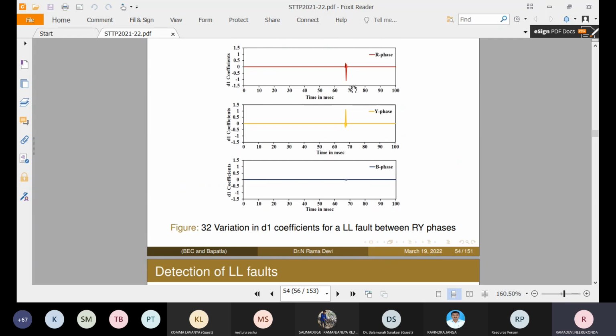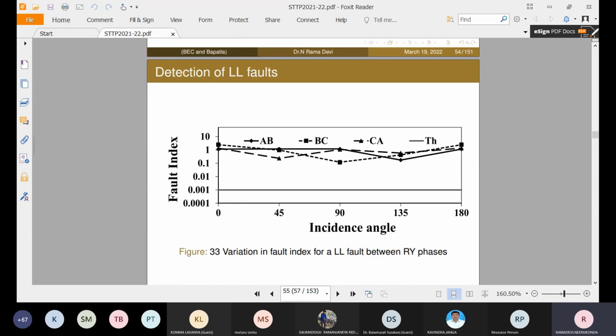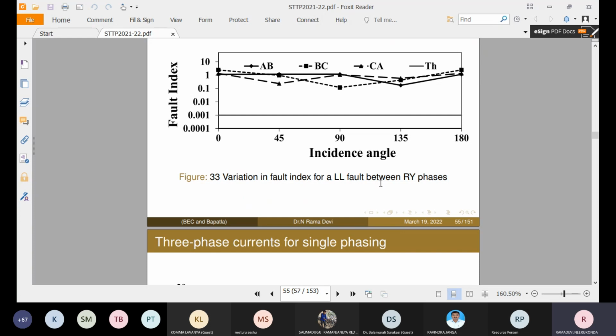So here also the fault is identified because the fault index crosses the threshold. The efficacy of the algorithm we check with the help of the variation in fault index with respect to the incident angles. So in this case also the incident angle changes at a step value of 45 degrees.